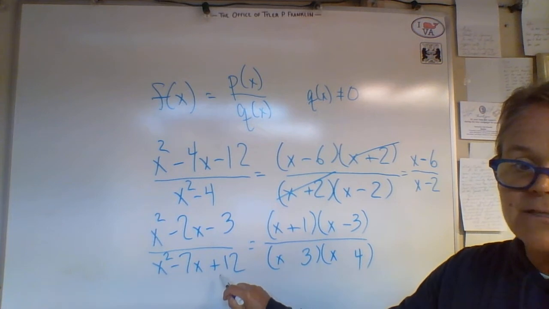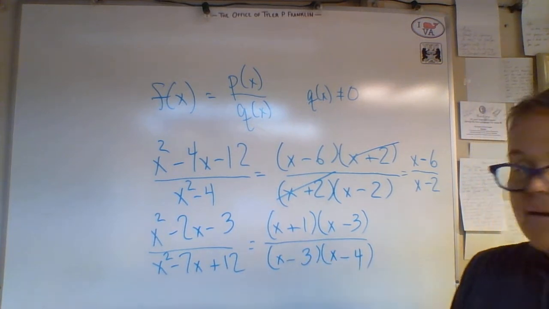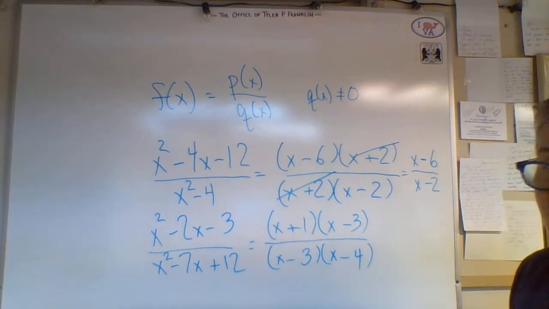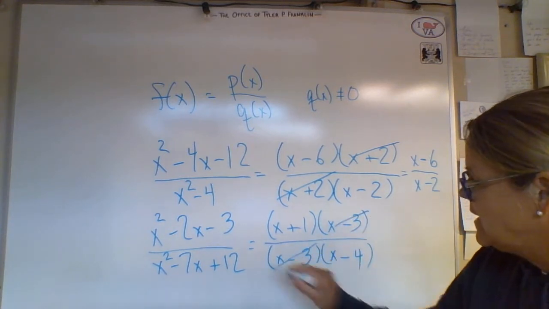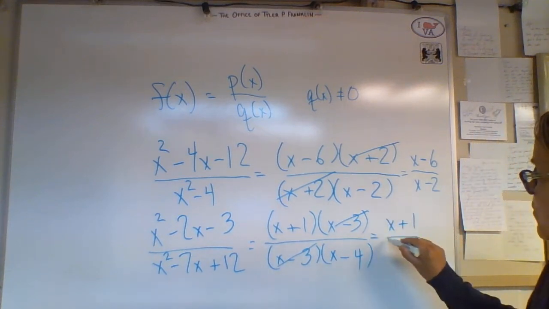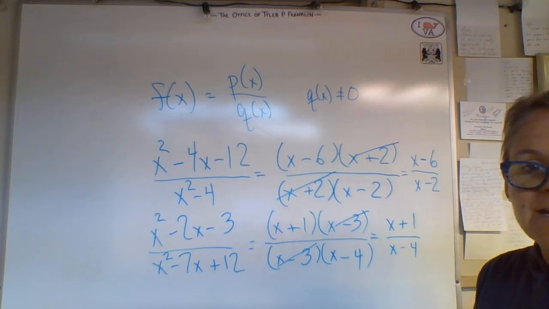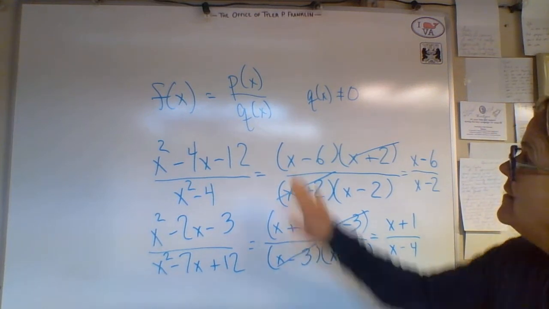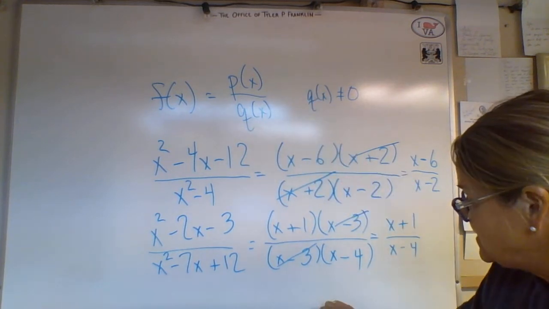Since that's plus, same signs, both with the middle. Now you look and say, do I have a common factor? x minus 3, x minus 3. So my answer is x plus 1 over x minus 4. So really what I've done is simplify that fraction. That is the lesson for today.